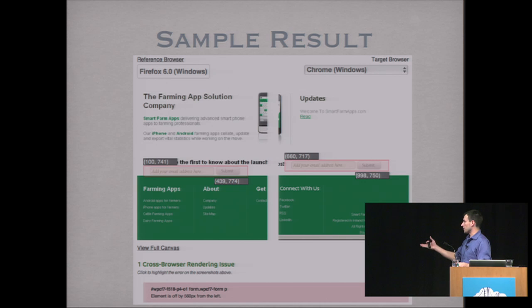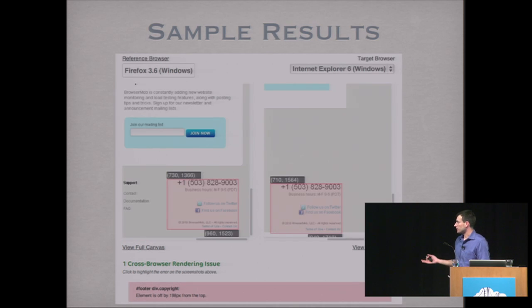And then we can hand off this CSS selector to a developer and let them know, hey, this thing's off by 560 pixels. Here's another example. This is a typical contact form sitting in the footer of a page. It's off pretty substantially in the vertical axis.